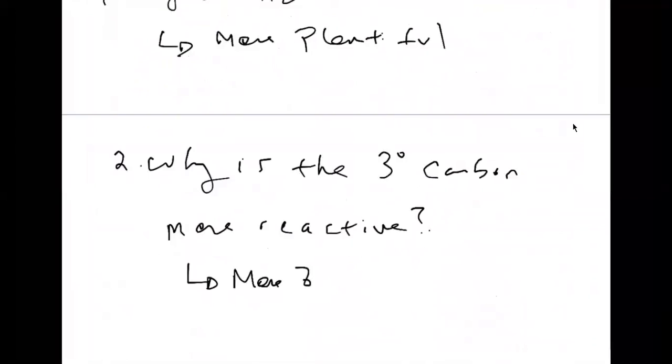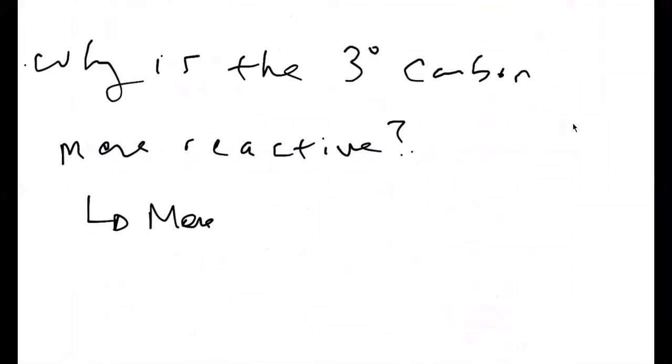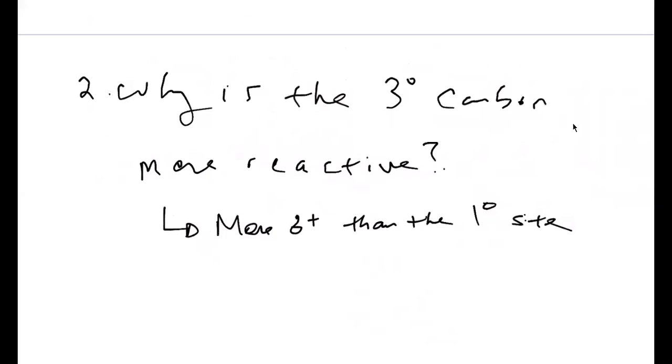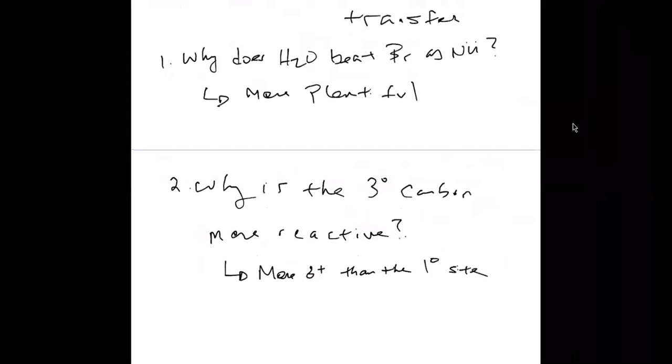Sorry about that. So that site is more partially positive and more apt to be attacked, so that primary site is less positive. The nucleophile is not going to attack that as readily. All this little stuff goes on the back of the flashcard.